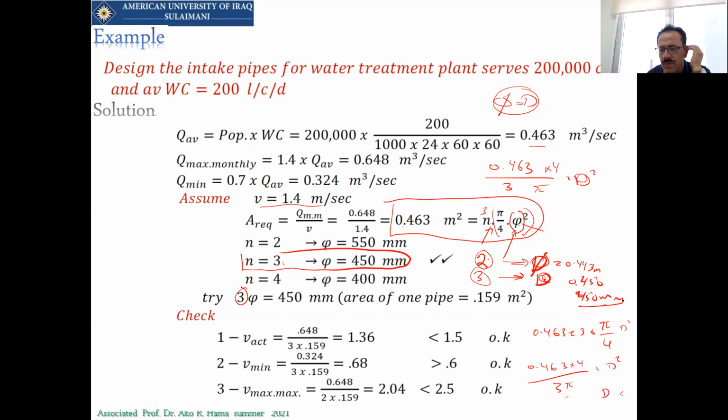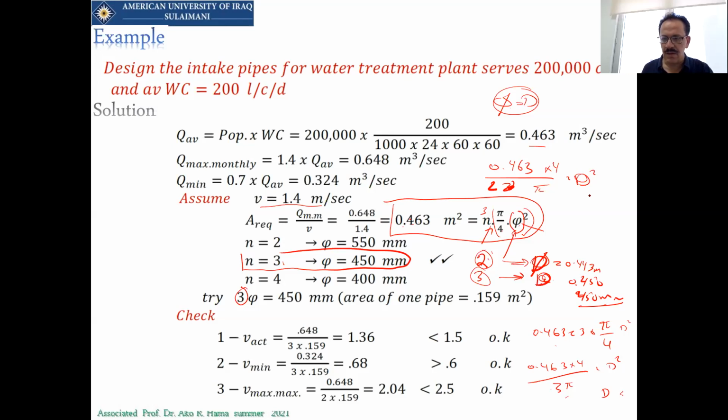I'm sorry. In the first case, we have to use 2. If I'm using 2, then 0.463 times 4 divided by 2 divided by pi, and take the square root of the answer.